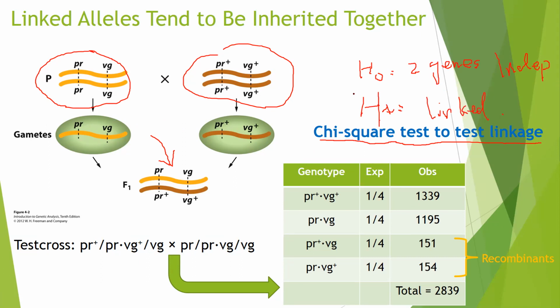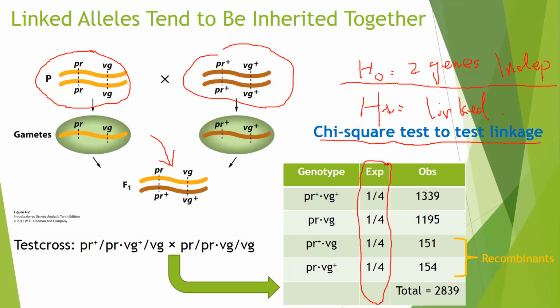Now, when we put the null hypothesis to the test, if these two genes are independent, unlinked, this is the ratio we expect to see. This is exactly the same as before, like the midterm.